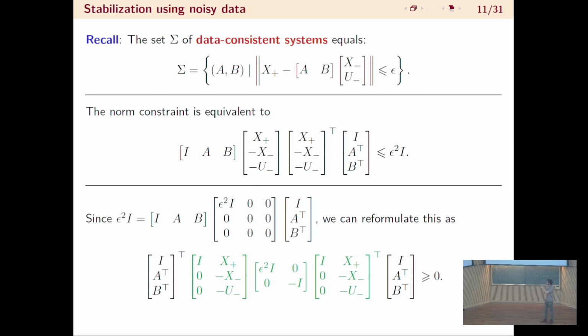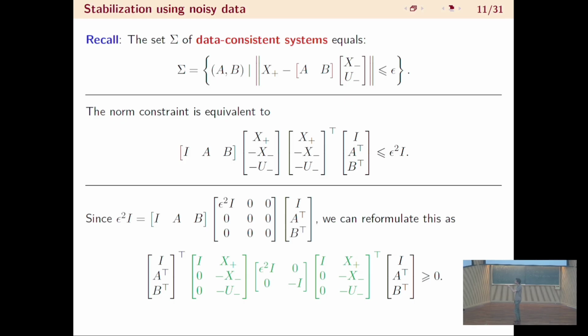The inequality that we have over here, which specifies our set of data consistent systems, can also be written as a quadratic inequality in terms of A and B. So the only thing that I do here is I plug in this expression for epsilon squared identity.